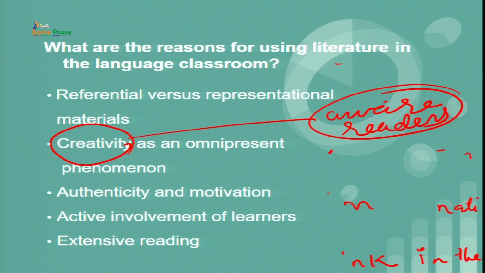Surprisingly, creative material is not just found in texts; it can be found in other important sources.